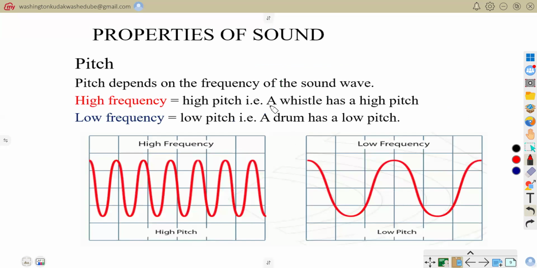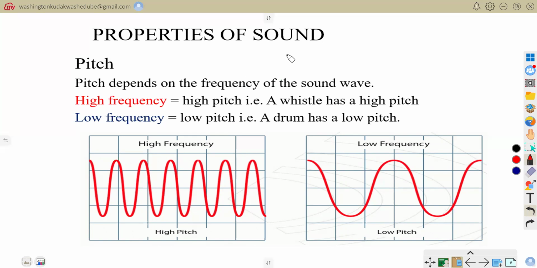So we have said that the speed of longitudinal waves depends on the properties of the medium. That's the same with sound. So sound would travel faster in solids. It will later travel slower in liquids and slowest in gases.